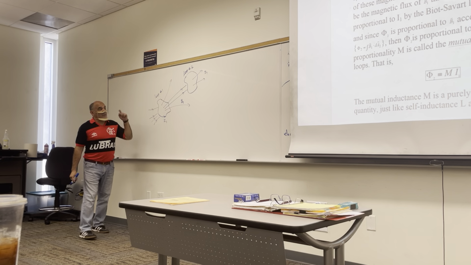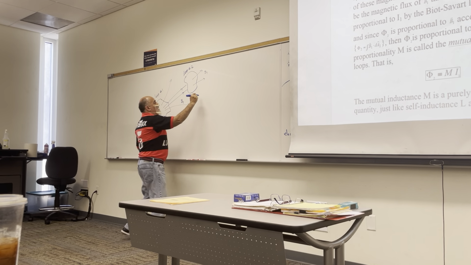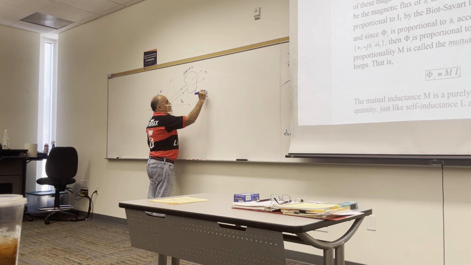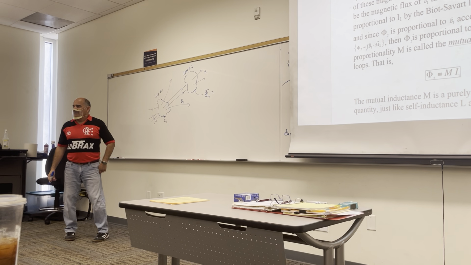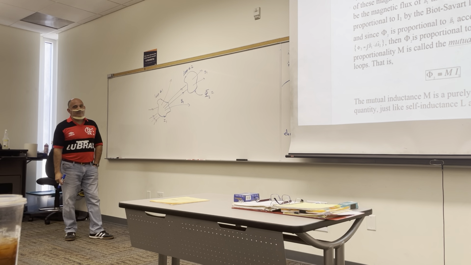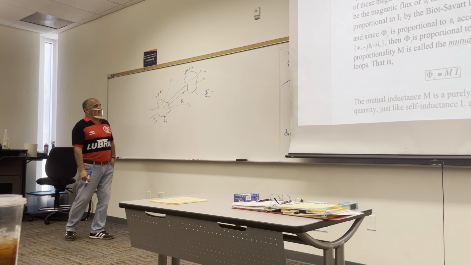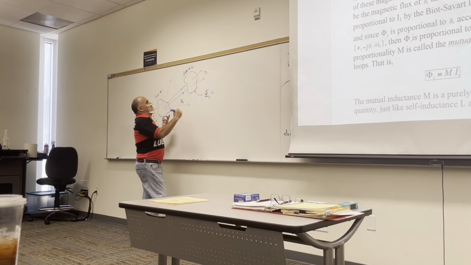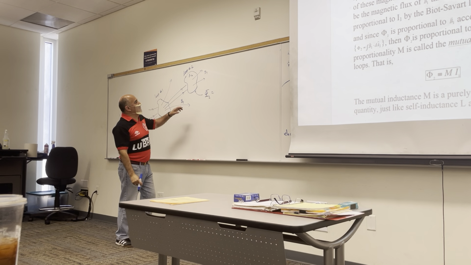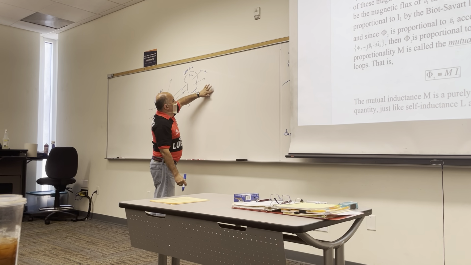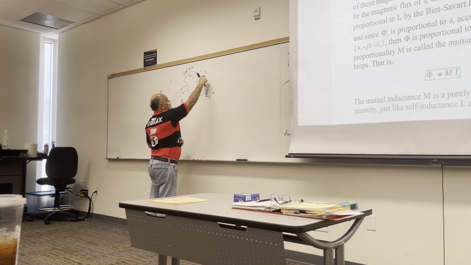So therefore, there is going to be a flux through this loop. I'm going to call it phi 2, the flux through loop number 2. You can call the area of this A2.